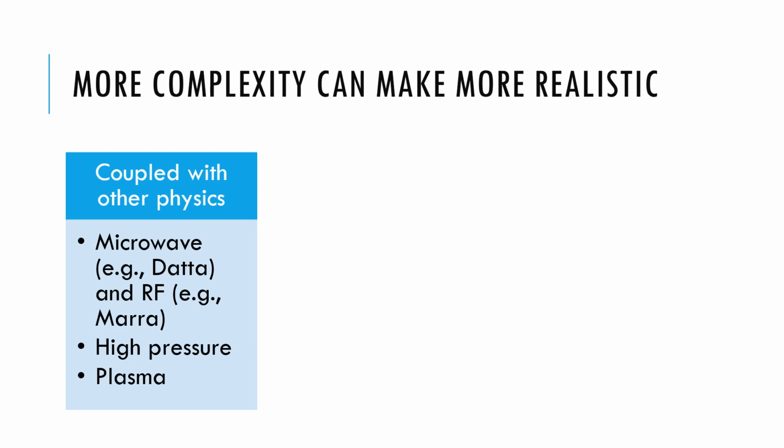For example, is it one-way coupling? Is it just temperature affecting the electromagnetics? But is it also the electromagnetics affecting the temperature, which is the case for microwaves, that it is both ways. Electromagnetics affects the temperature and temperature affects the electromagnetics. So that's a two-way coupling.